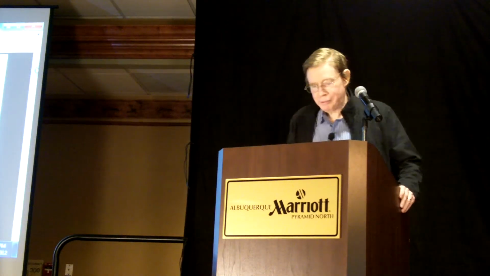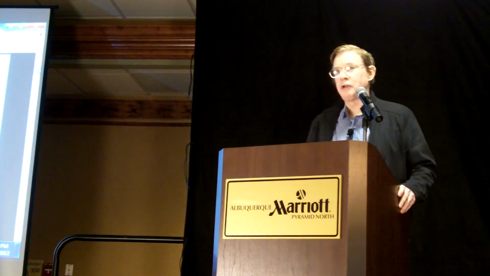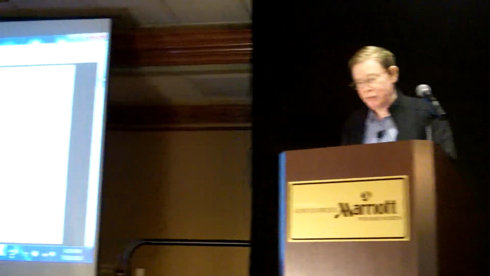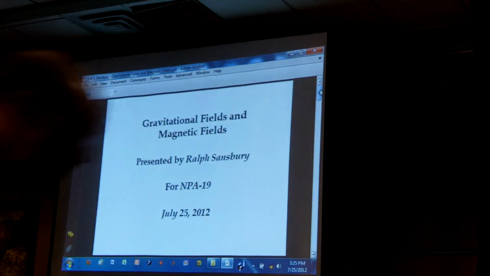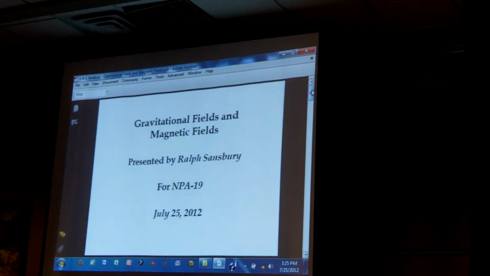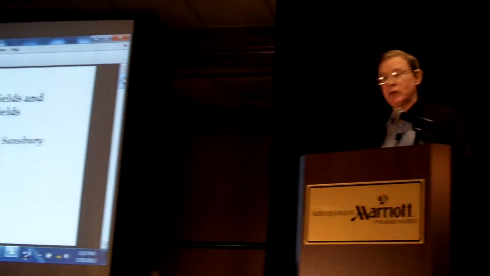Hello, I'm going to talk about the similarity between the magnetic and gravitational fields and this underlying electric dipole mechanism to explain them. I hope to show you the magnetic and gravitational fields of stars, planets, and satellites are attributable to electric dipoles in their atoms, ions, and atomic nuclei transverse to their spinning orbital motions.